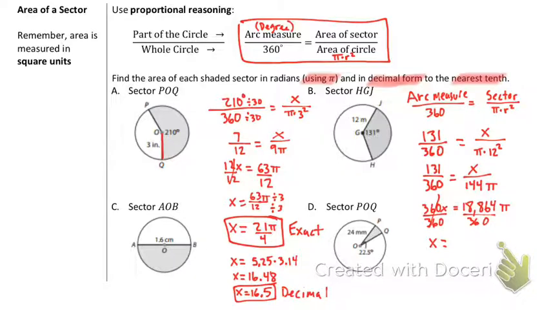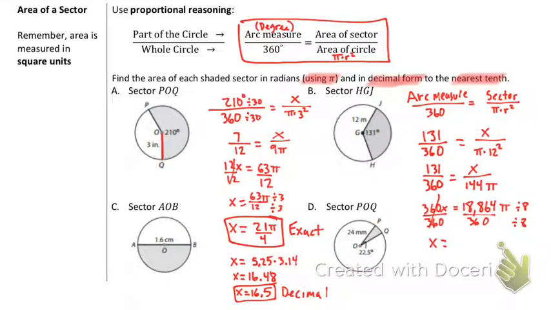Alright, so we have to reduce this if we can. And since they're big numbers, this might take a little while, but I'll help you out here. So the first thing that comes to mind is I know that 8 will divide this. So 18,864 divided by 8, and 360 can also be divided by 8.